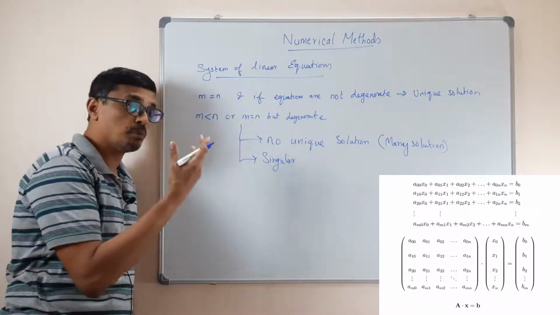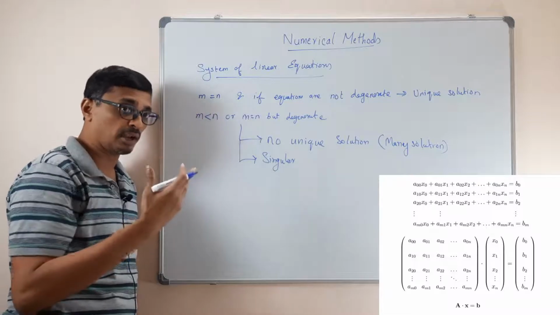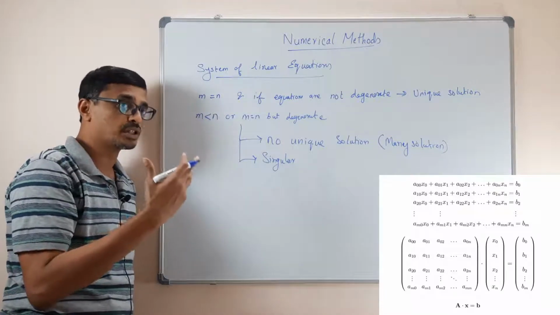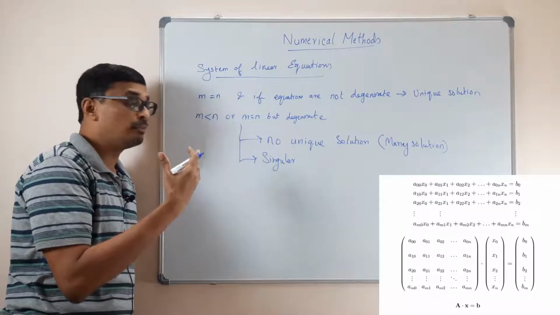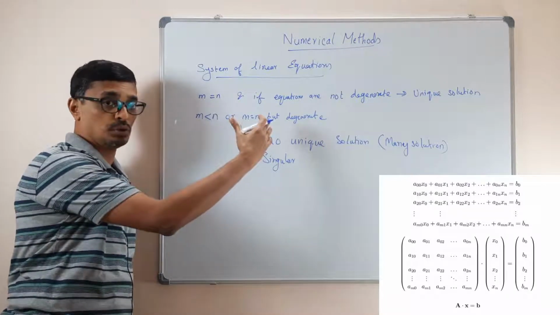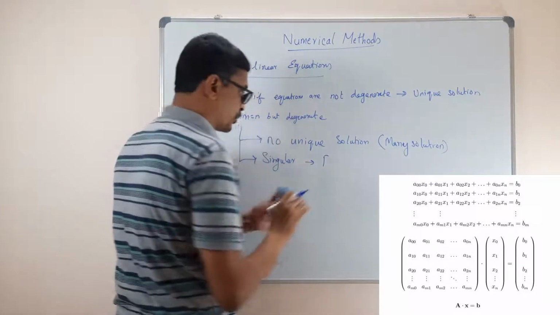Most of the time you will face this: the matrix will become singular and you will not be able to handle it directly, but you need some solution which is favorable to you. So you need to develop an algorithm to solve these equations also, and that algorithm is called singular value decomposition.